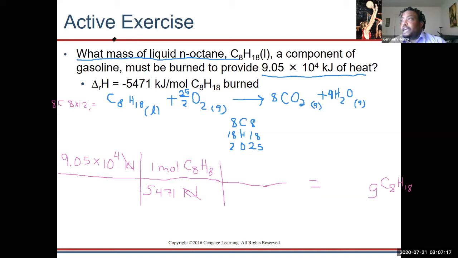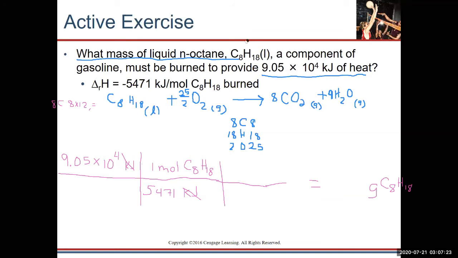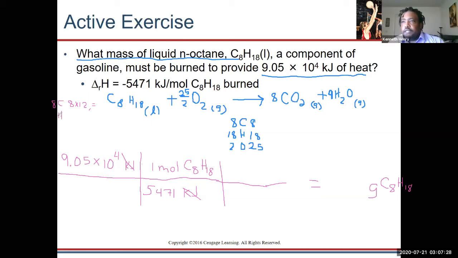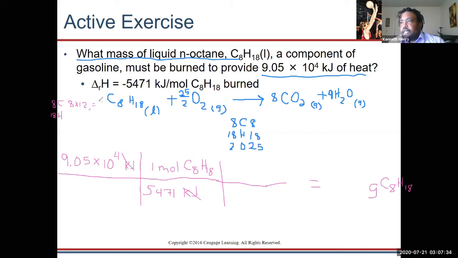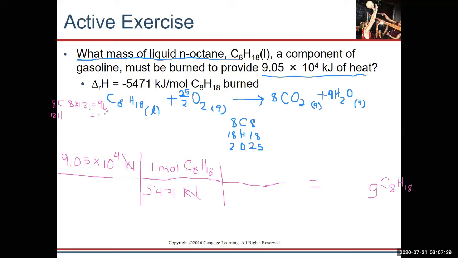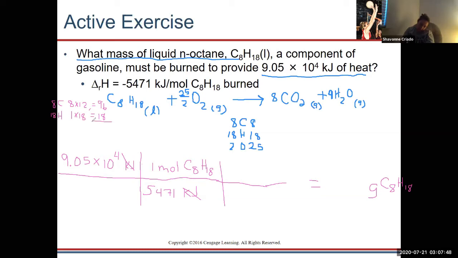No, unless I absolutely must have them. Okay. So this is 96 plus 18, 114. Grams of C8H18, and that will have the equivalency of 1 mole of C8H18, and that will cancel that equivalency out.